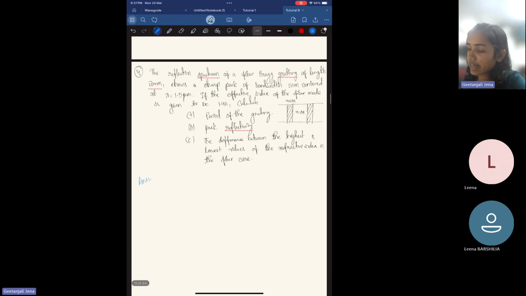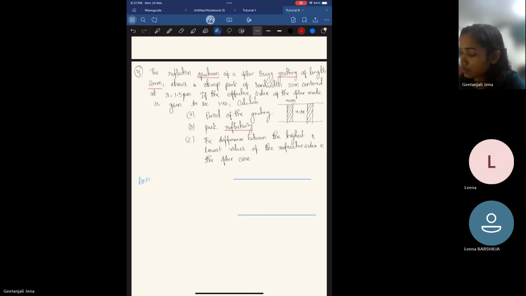So the grating is like we have a fiber Bragg grating, in which some of the regions have refractive index n plus Δn, and some of the regions have refractive index n minus Δn.